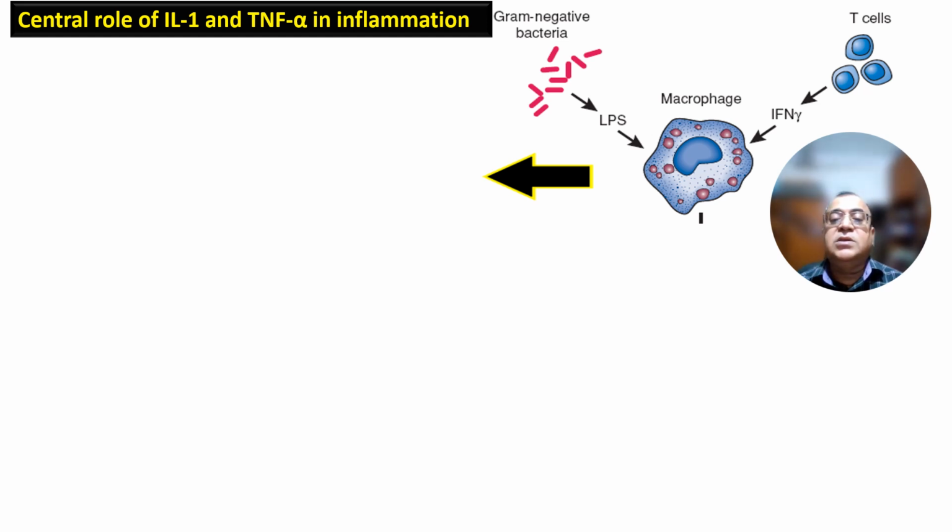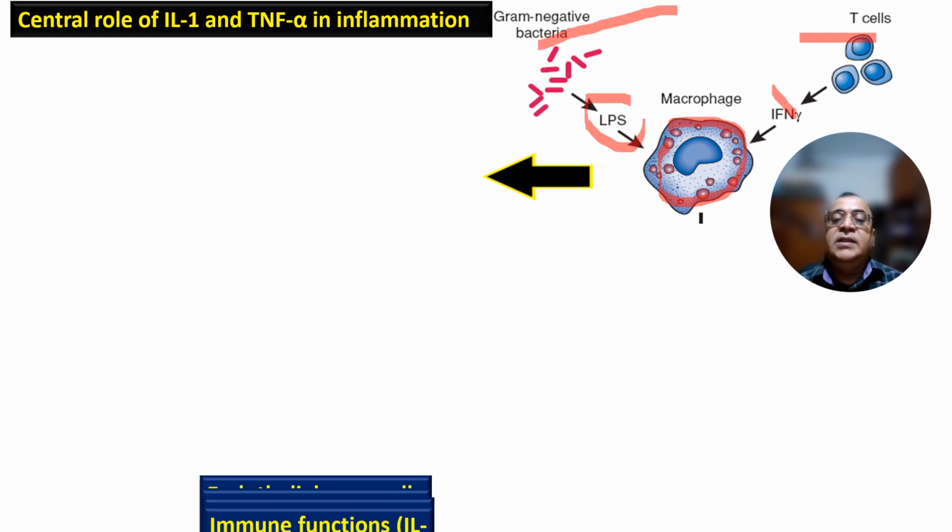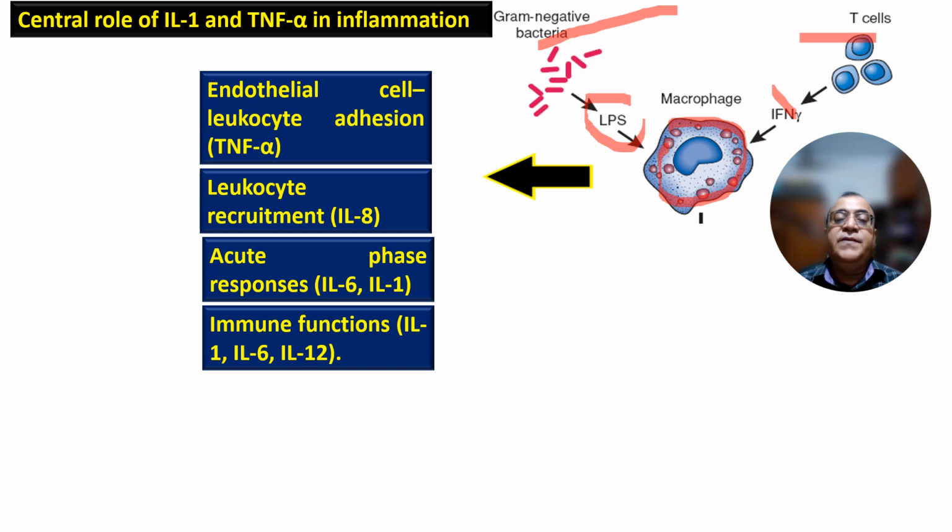So this illustration is showing the central role of interleukin 1 and tumor necrosis factor alpha in inflammation. The macrophages that are activated by T cells through interferon gamma, or by gram-negative bacteria through lipopolysaccharide, are associated with endothelial cell leukocyte adhesion by tumor necrosis factor.